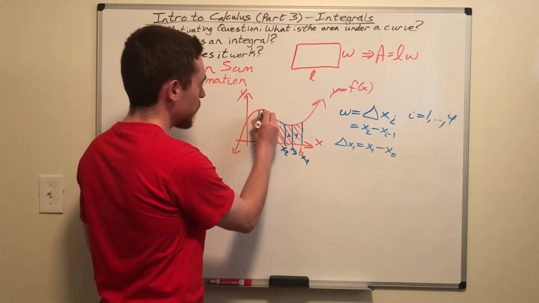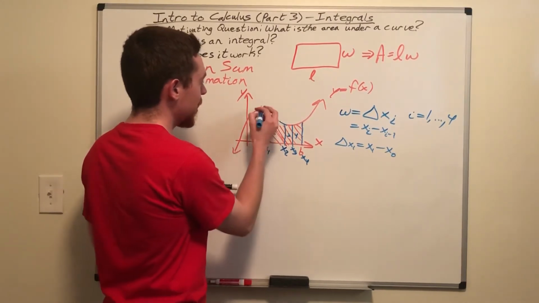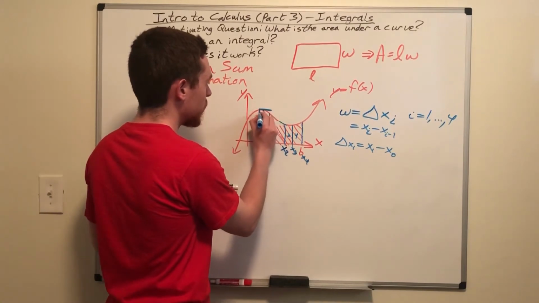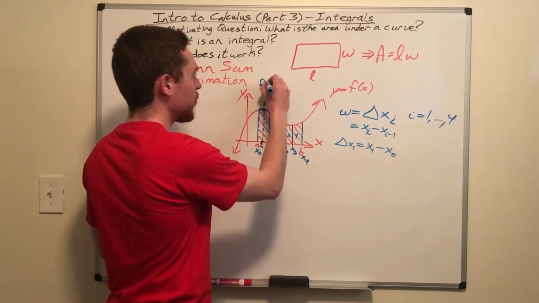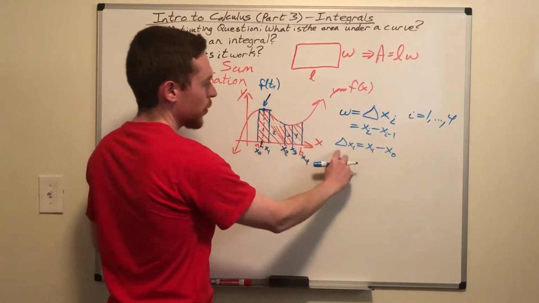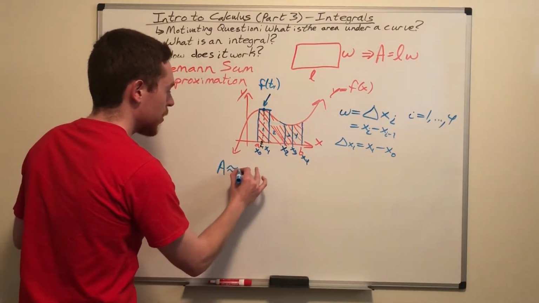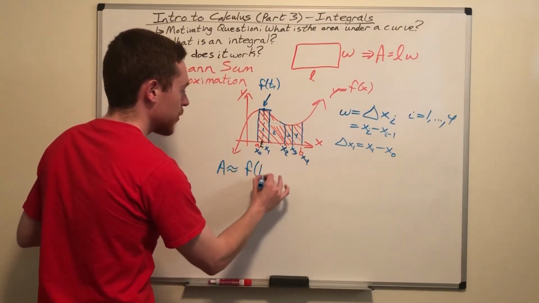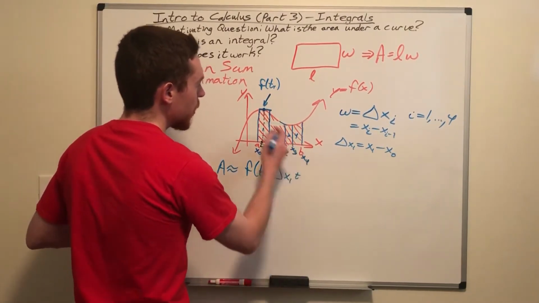So we go up to our function value there, and we use that as the height of our rectangle. We calculate that by just plugging our test point in, and that tells us the height. We have our width, and so now we can start calculating our area. It's our height times our width, so that's the area of our first rectangle.